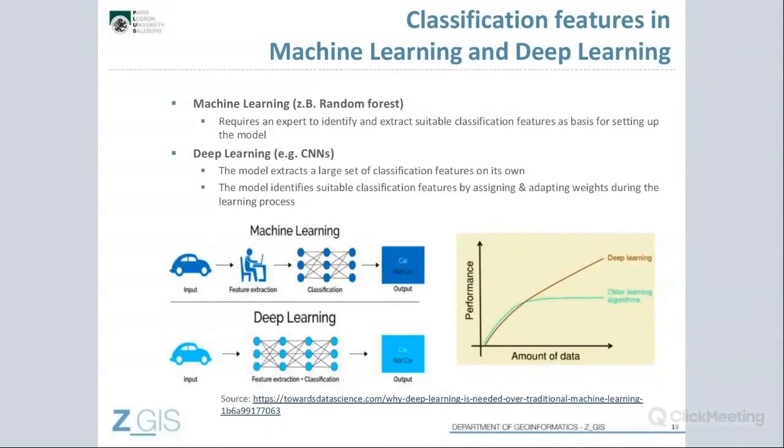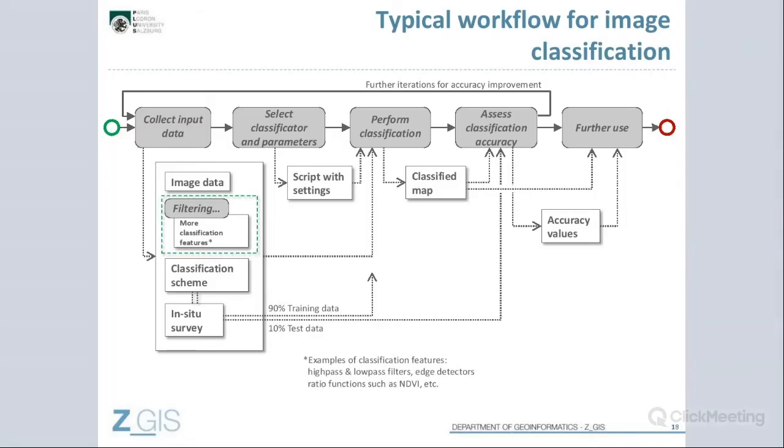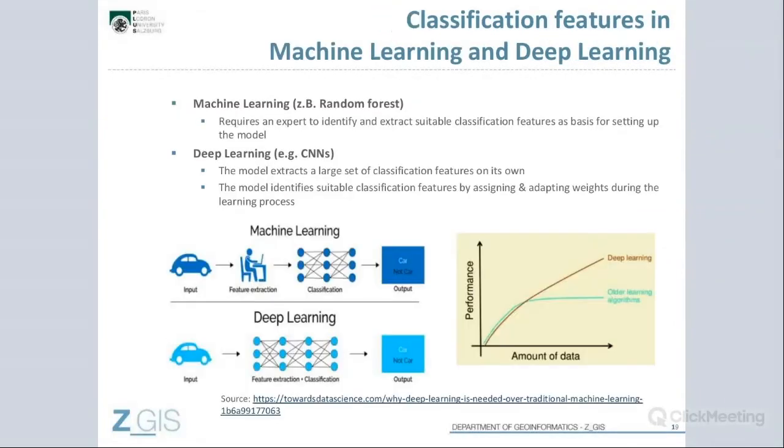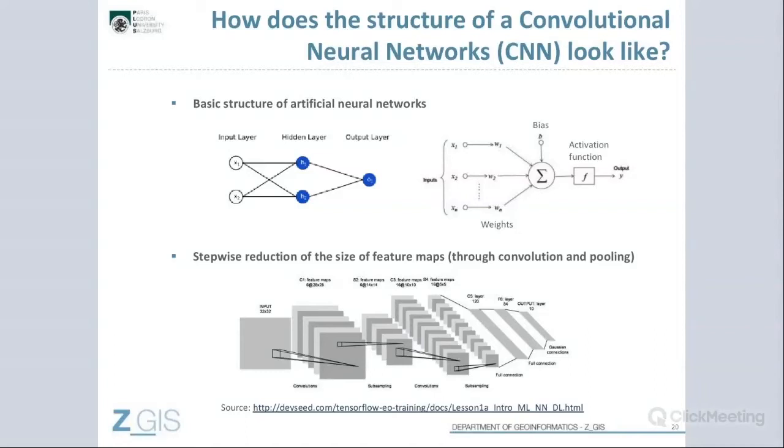So if I go back once more, this filtering part is one thing where I want to start to explain how convolutional neural networks are different in approaching this. So this is the structure. Stefan introduced it. I want to go a little bit more into detail. So the basic structure is that you have an input layer, you have hidden layers, and then you have an output layer.